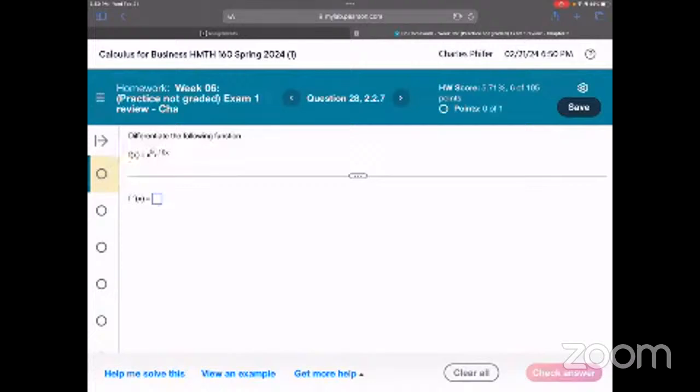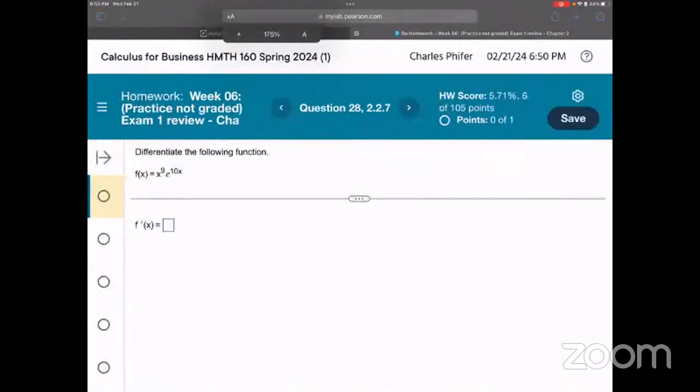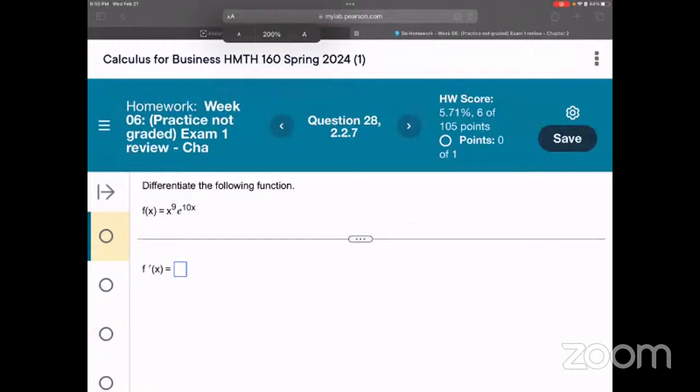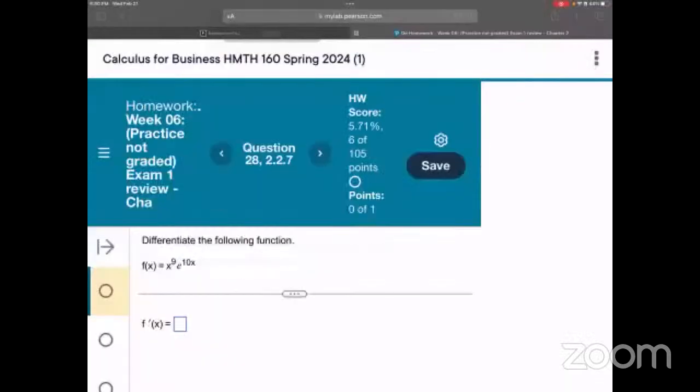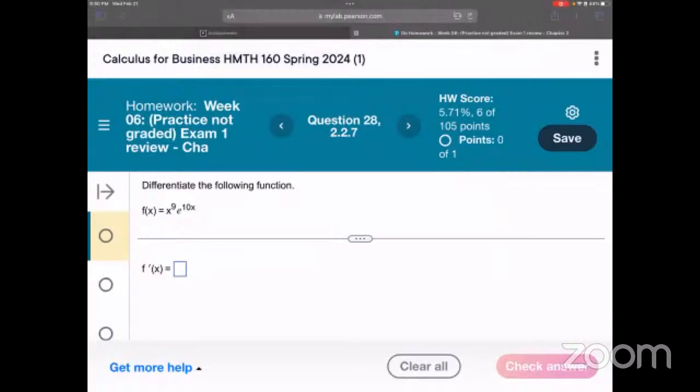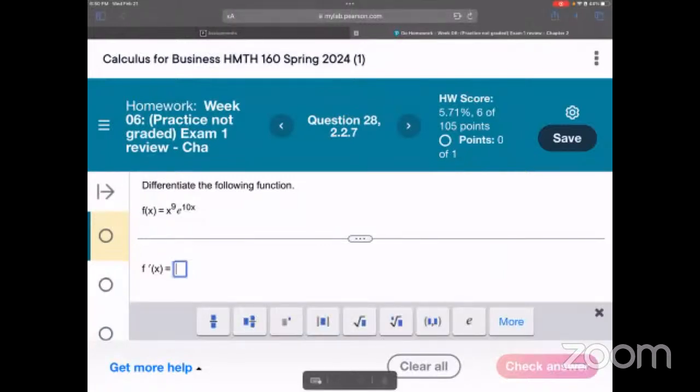So the product rule goes: the first times the derivative of the second plus the second times the derivative of the first, right? So we should be able to do this here. I'm going to zoom in just a little bit to make it bigger. All right, so the first is this guy, x to the 9.